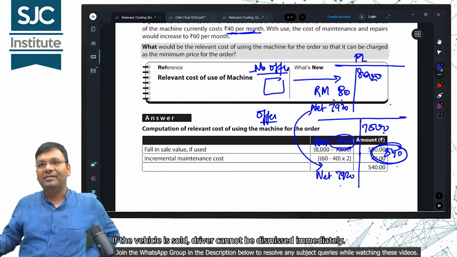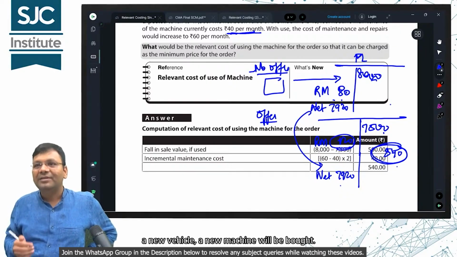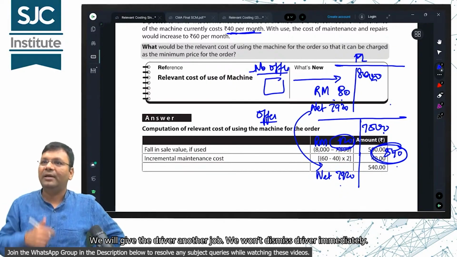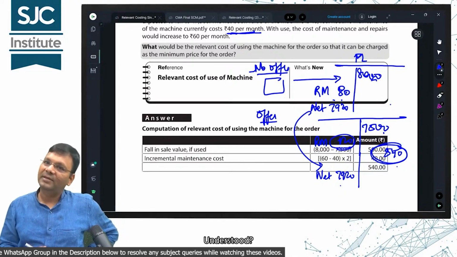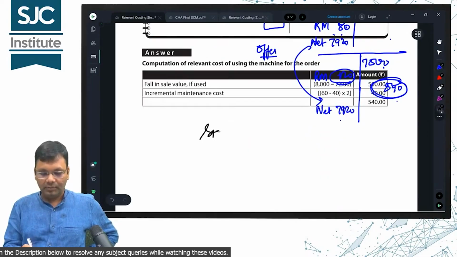But there is one new thing we learned. If the machine was sold, it doesn't mean that maintenance costs are eliminated. Understood? If the vehicle is sold, the driver cannot be dismissed immediately. A new vehicle, a new machine will be bought. We will give the driver another job. We won't dismiss the driver immediately. Understood? So figure out the answer and write it down.